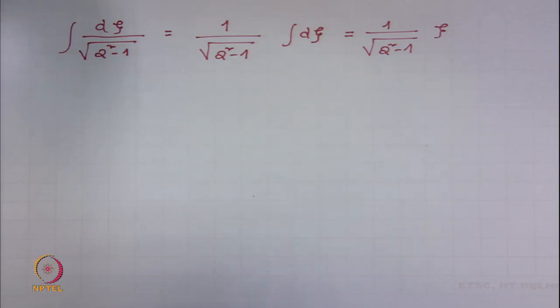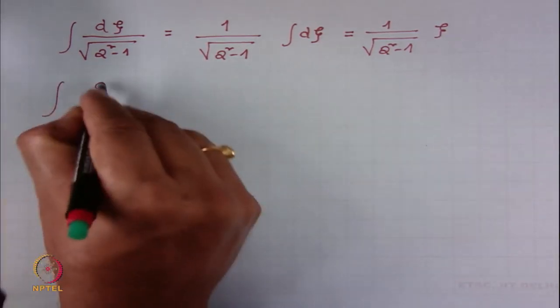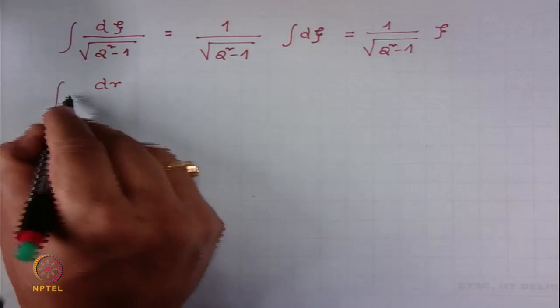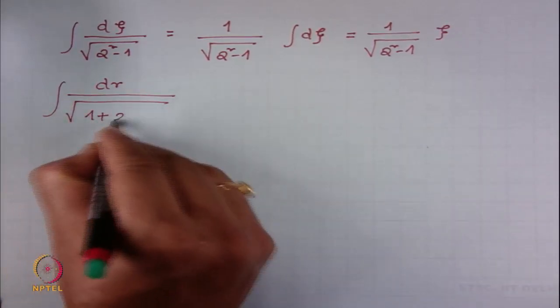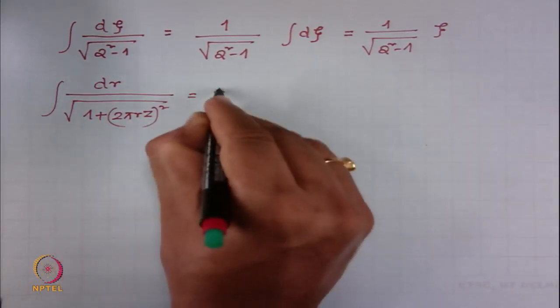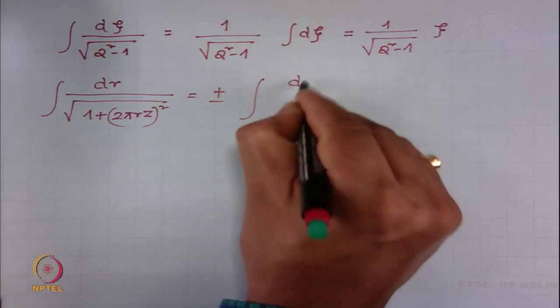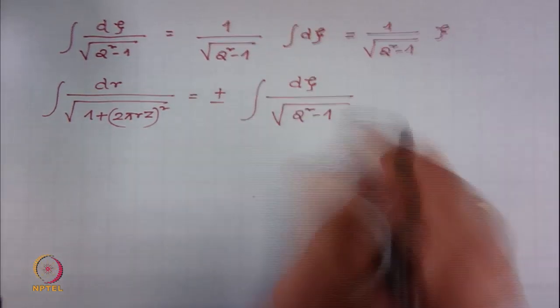So, what was our original form of integration? So, our original form of integration was this: dr by root over 1 plus 2 pi r z square is equal to plus minus integration d zeta this.